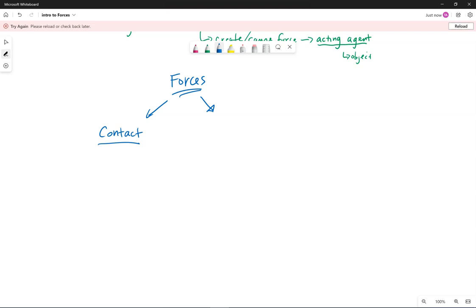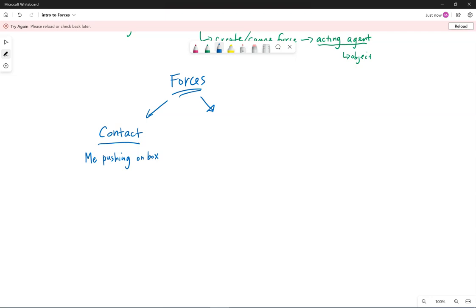I put my hand on the box, my hand is physically in contact with the box, and I push. So me pushing on the box is an example of a contact force. What we mean by contact force is there's an actual physical contact between the object that is experiencing the force and the acting agent that is causing the force.